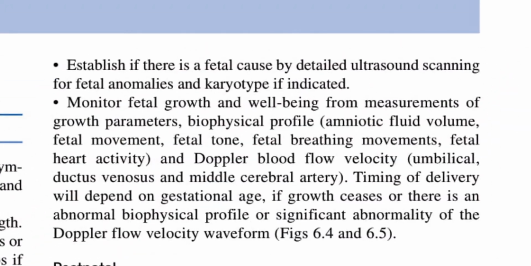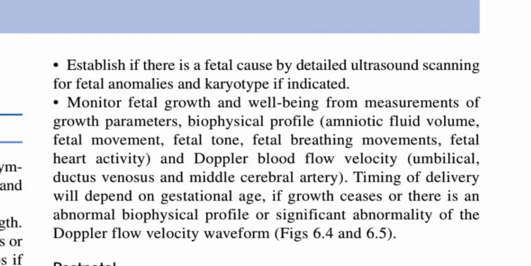Establish if there is a fetal cause by detailed ultrasound scanning for fetal anomalies and karyotype if indicated. Monitor fetal growth and well-being from measurements of growth parameters, biophysical profile, amniotic fluid volume, fetal movement, fetal tone, fetal breathing movements, fetal heart activity, and Doppler blood flow velocity, umbilical, ductus venosus and middle cerebral artery.